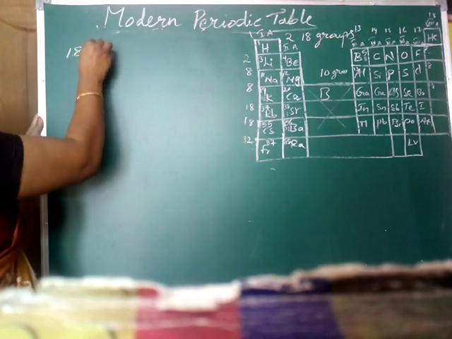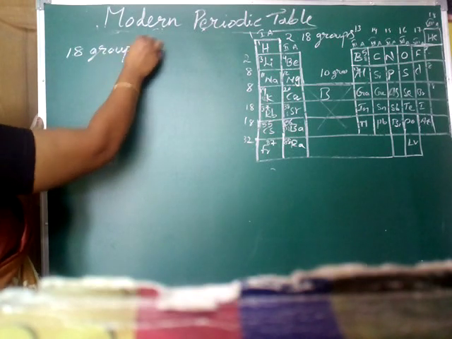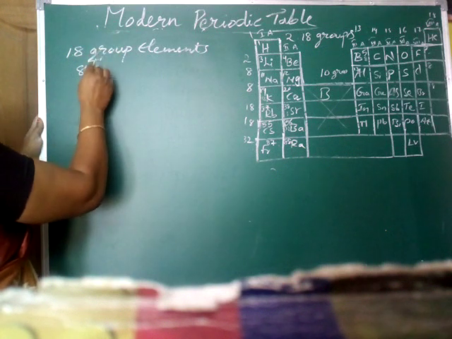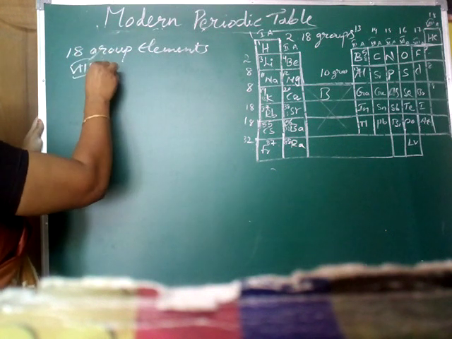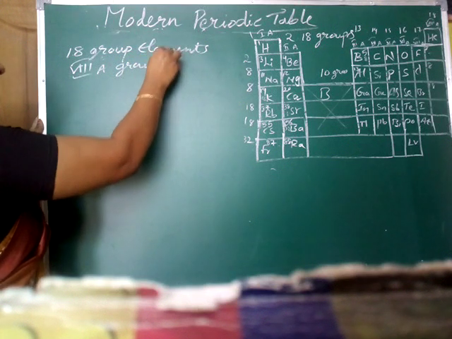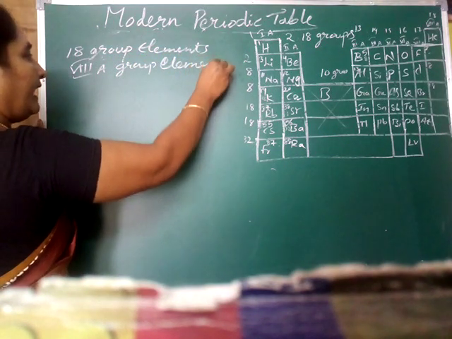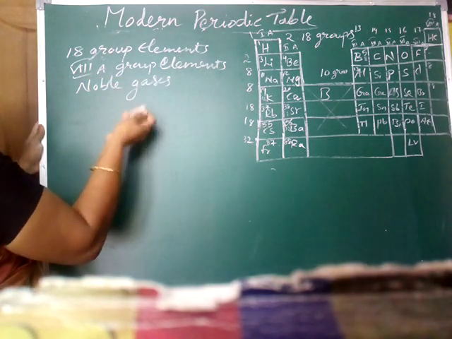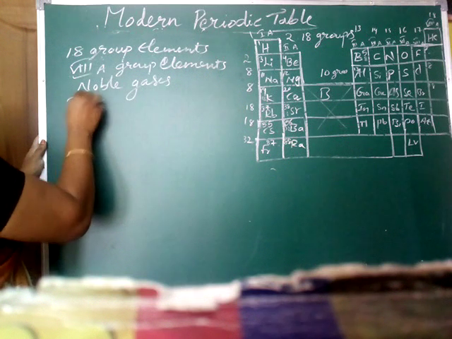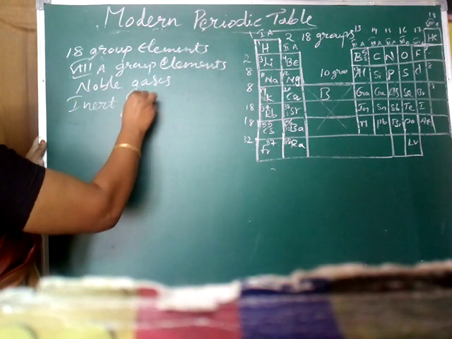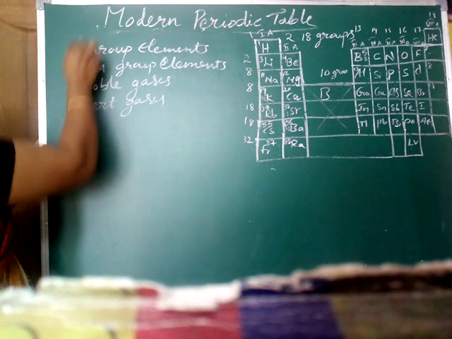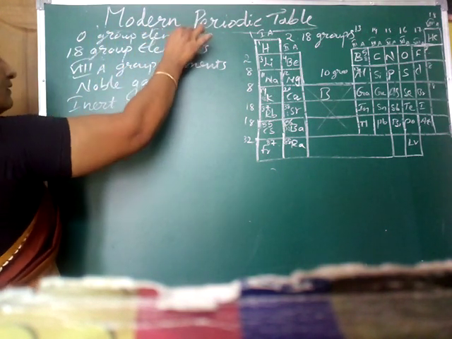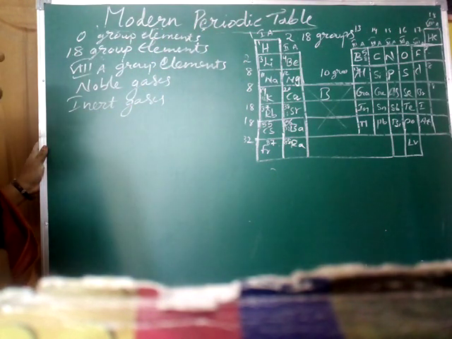The 18th group elements are the 8th group, 8th A group elements, and noble gases, the noble family or noble gases, and inert gases. See how many names, and 0 group elements. These are the names of this group.